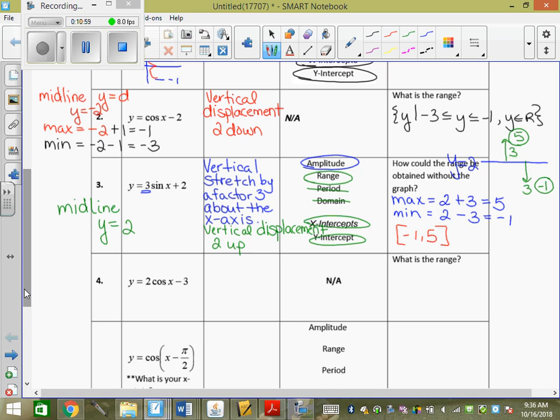The next one, we have a midline at y equals negative 3. We have a vertical stretch by a factor of 2. Remember, we can't put BAFO on a test because only we know what it stands for. About the x-axis.